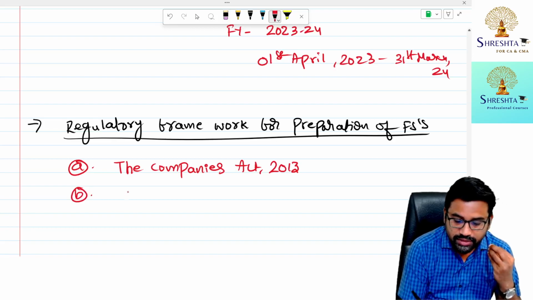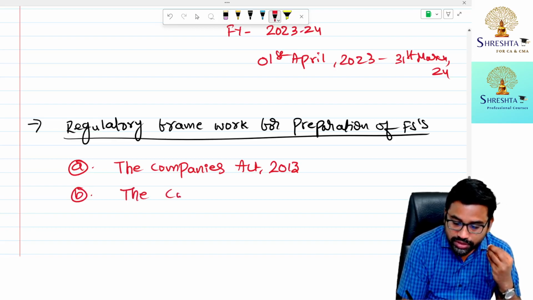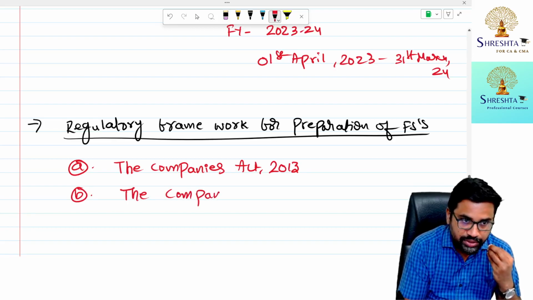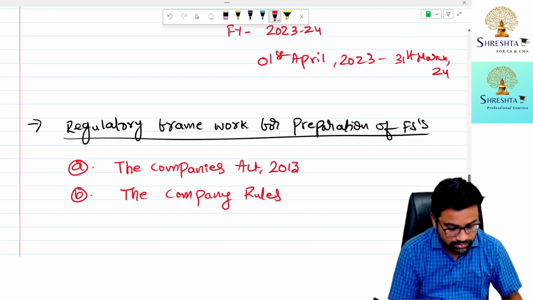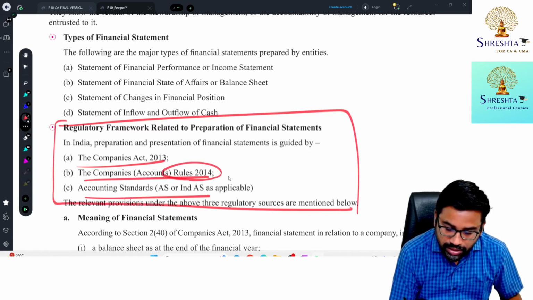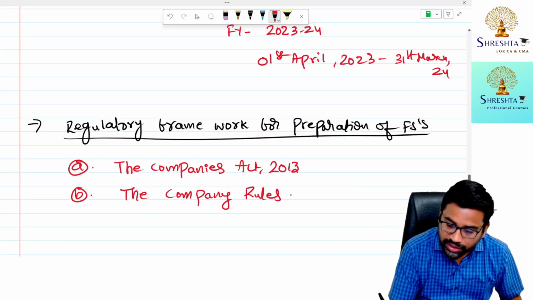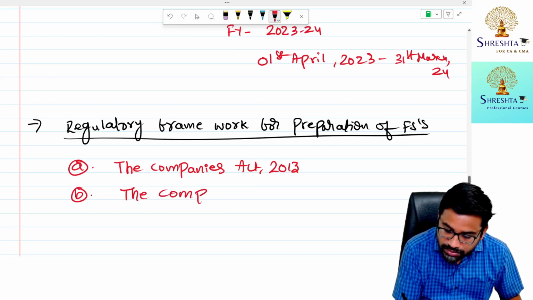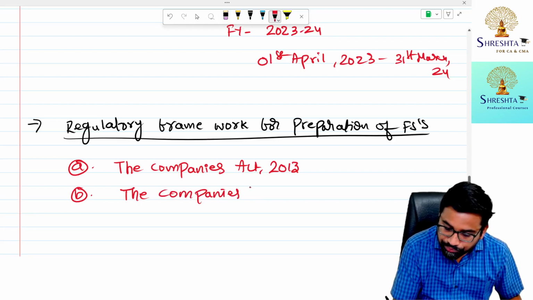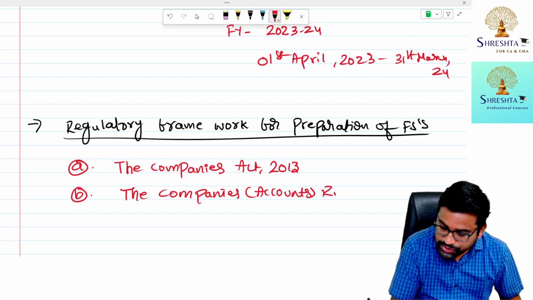Second thing is the company rules. If any rules are there, we have to follow those rules: the Companies (Accounts) Rules, 2014.